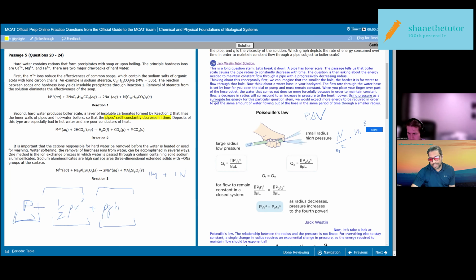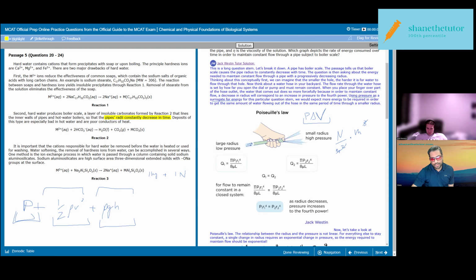So when you multiply these, what do you get? N over M. Try again. Oh, N times M, which is energy, right? So we can agree that P times V is energy.